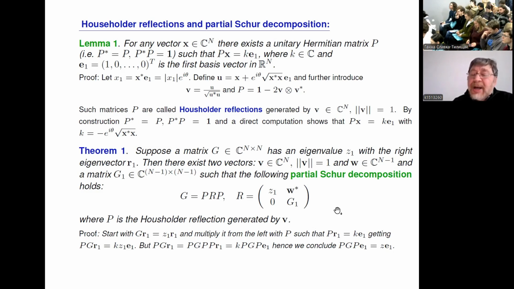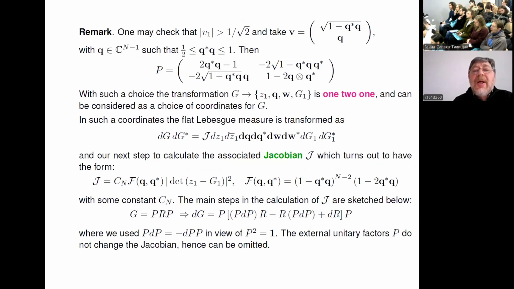And then writing it out in components, it's easy to see that PGP is exactly of this form. It's just an equivalence statement. Okay, so we have now shown that such a decomposition is indeed possible.